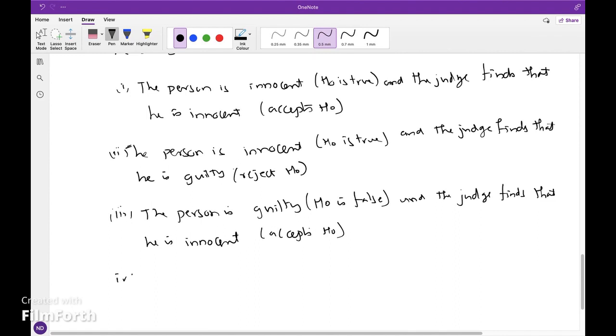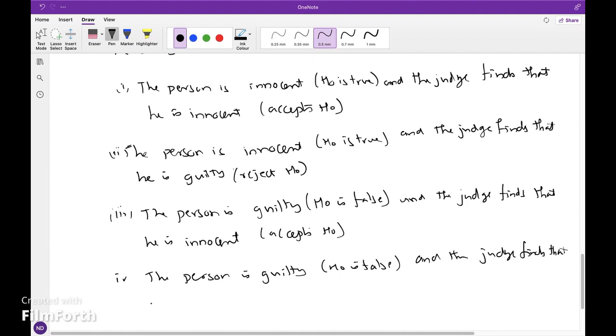Case 4, the person is guilty, H0 is false, and the judge finds that he is guilty. So reject the null hypothesis.